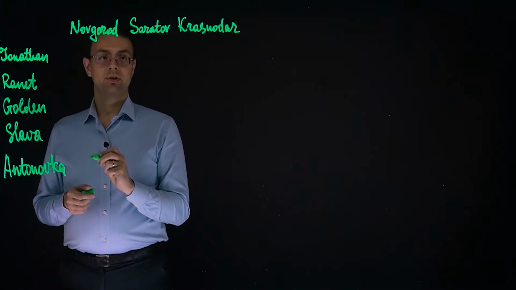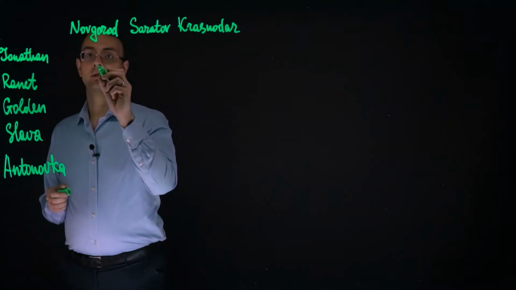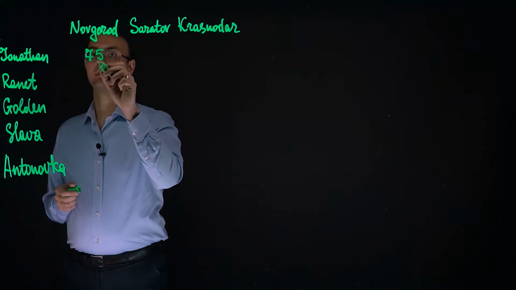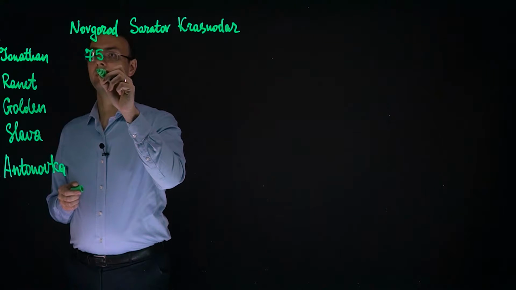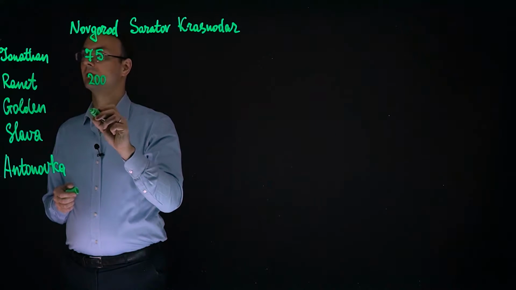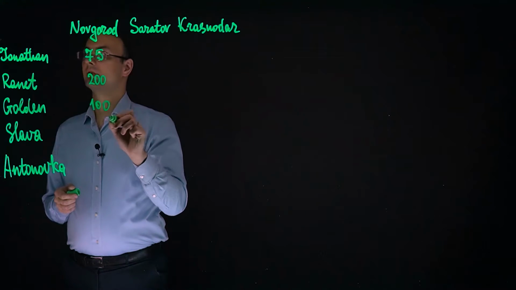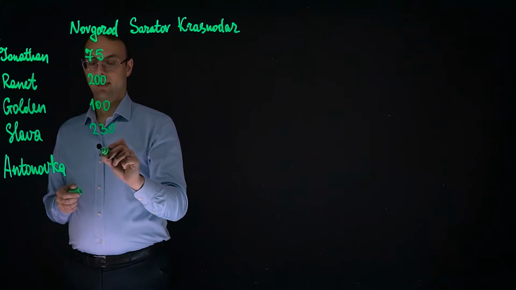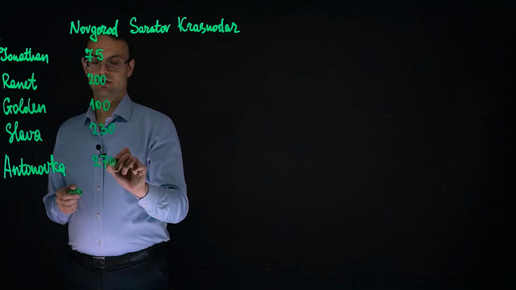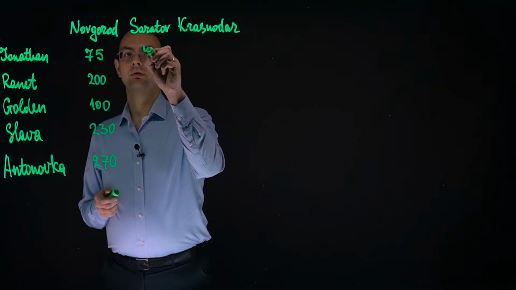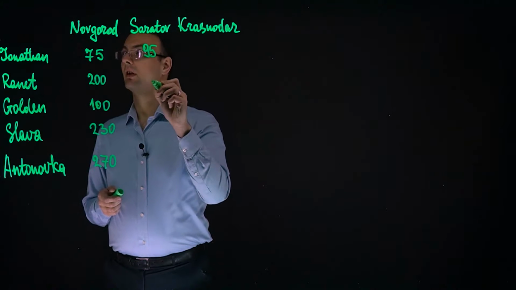And so the observations are 75 for Novgorod region, 75, 200, 100, 230, and 270.